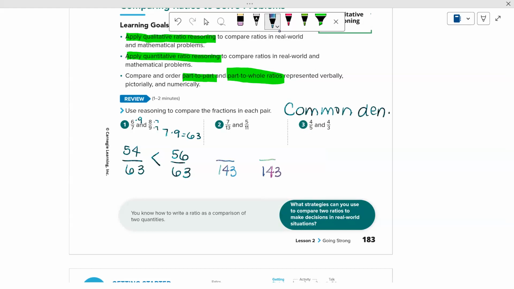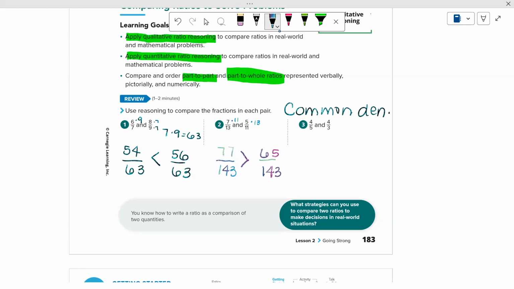I just knew that in my head. So now I have to multiply 7 times 11, and 5 times 13. I know 7 times 11 is 77, and 5 times 13 is 65. So now I can very easily see that 7/13 is greater than 5/11.